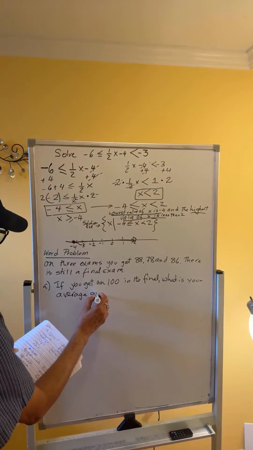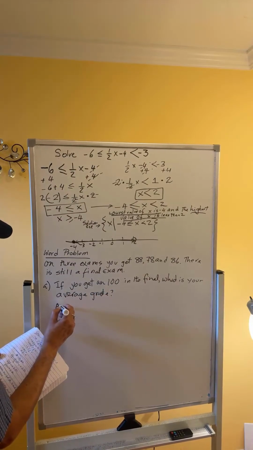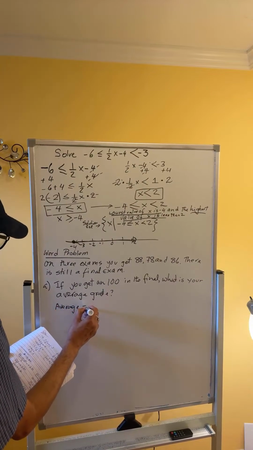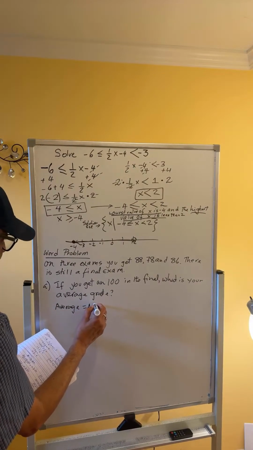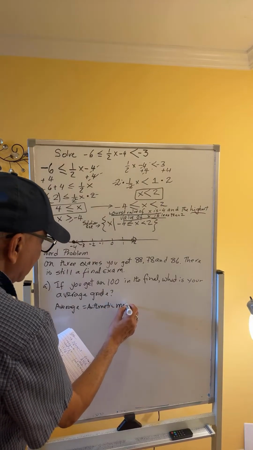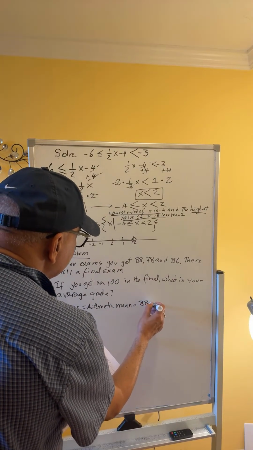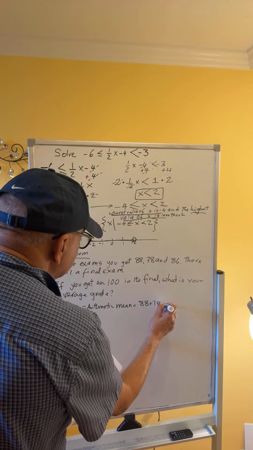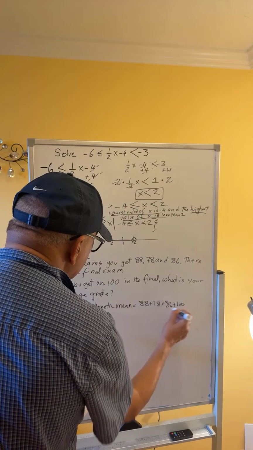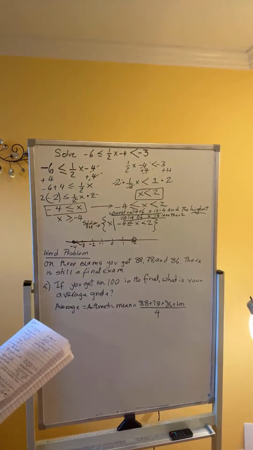Now average is the same as arithmetic mean. That means you add all the numbers, 88 plus 78 plus 86 plus 100, because you got 100 in the last exam, and divide it by 4.